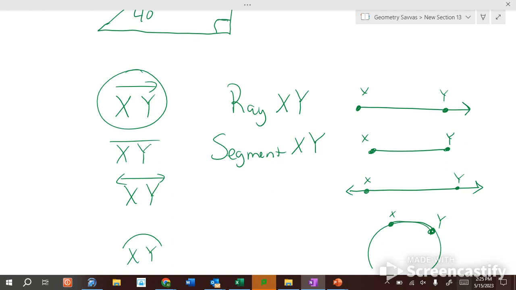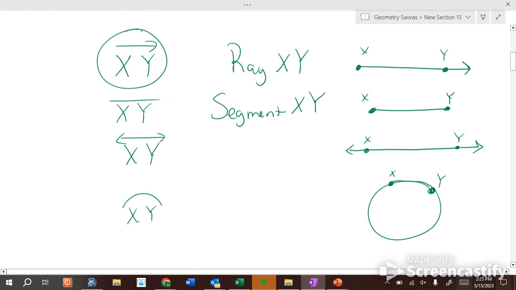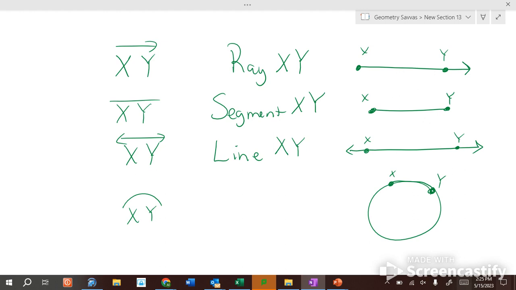It has two endpoints. What's the third thing down? Line XY. And what's the last thing? Arc XY. Part of a circle, an arc.